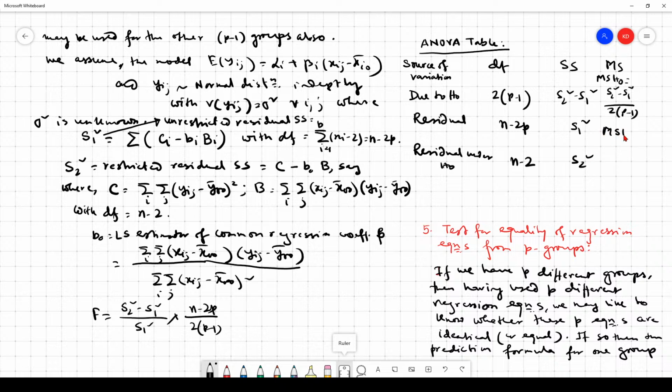MS due to residual or due to error is equal to S1 square by n minus 2P, and the F ratio is equal to MS H naught by MSE.